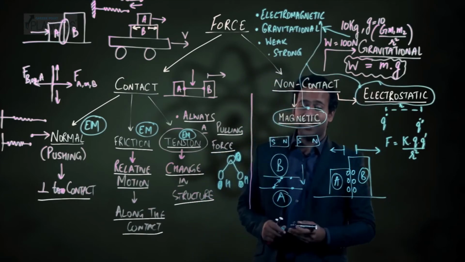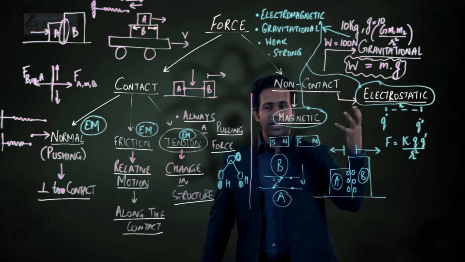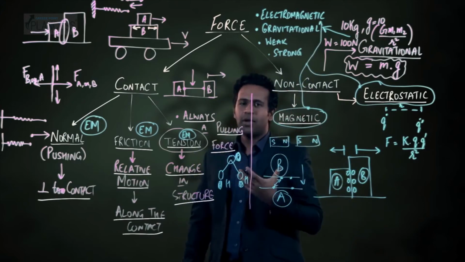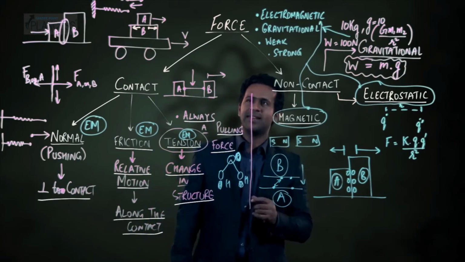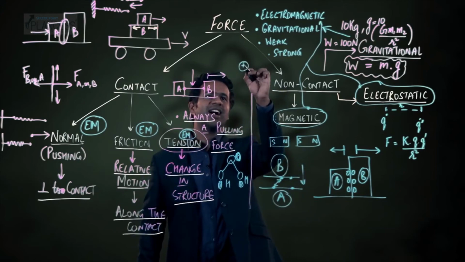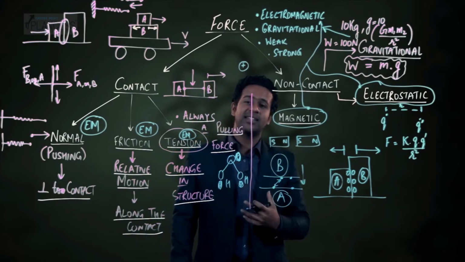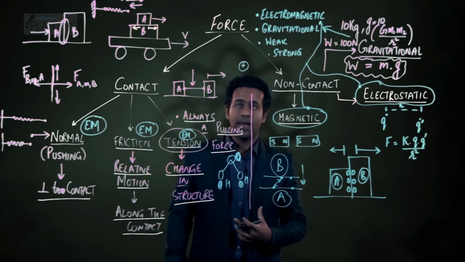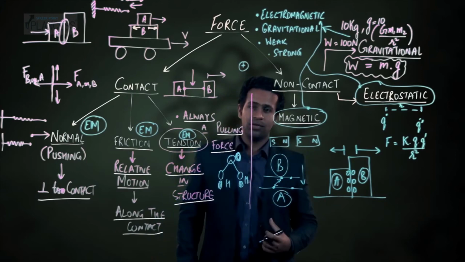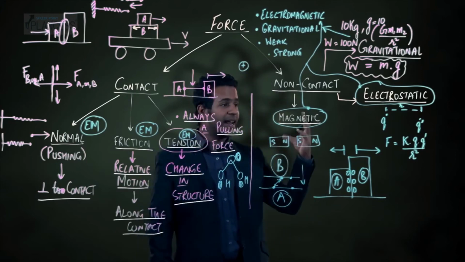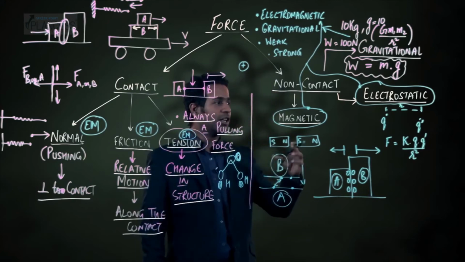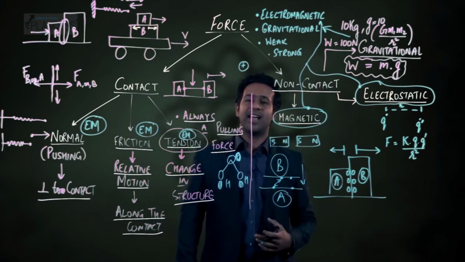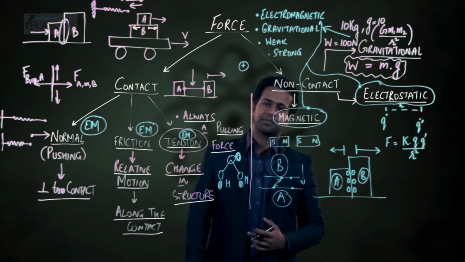Now, the reason why we have clubbed these two together is slightly beyond the scope of our discussion. But the simplest way to explain this is that a stationary charge only exerts electrostatic force. But as soon as it starts to move, it exerts both electrostatic and magnetic force. So that is why the two have been clubbed together as a single fundamental force.